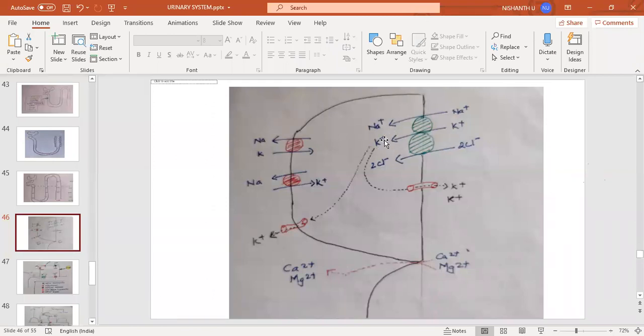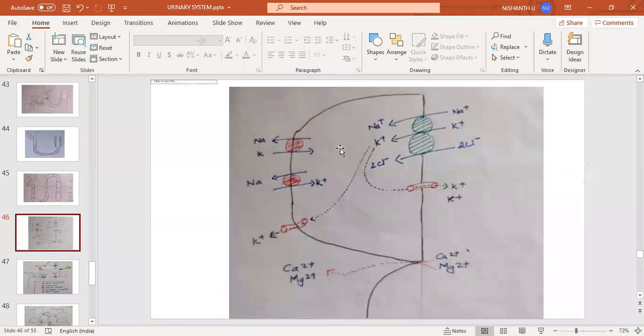Then potassium cannot move inside. When they are not moving inside, there is no use of this sodium potassium ATPase. This also will stop because sodium is not coming inside, and when this stops working, potassium also cannot get inside the cell.